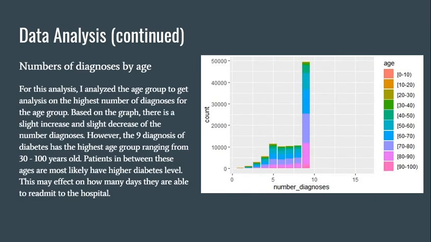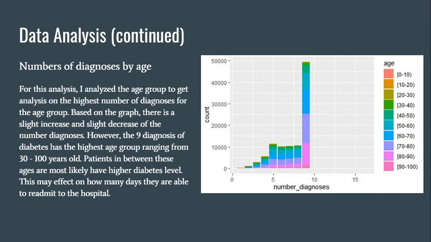Next is the number of diagnoses by age. Similar to the last slide, this time it's focused on the number of diagnoses performed by age. One thing I found interesting is that patients diagnosed with diabetes in the highest age group, ranging from 30 to 100 years of age, are most likely to have higher diabetes levels, and the number of diagnoses they have may also affect them.